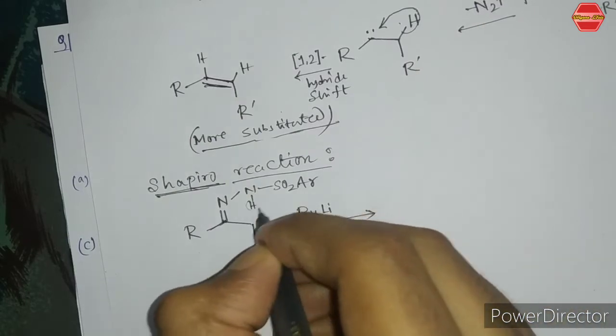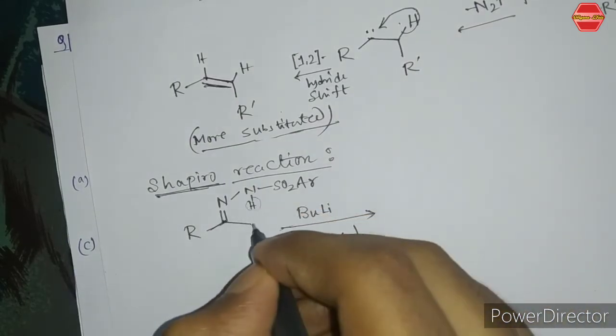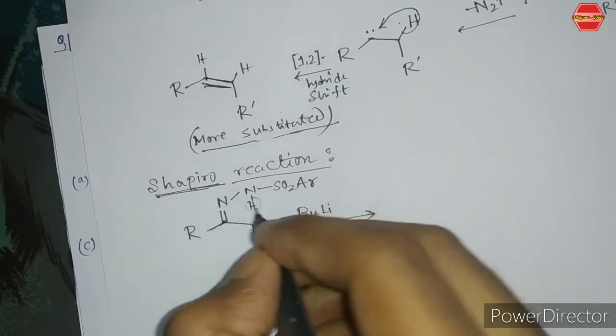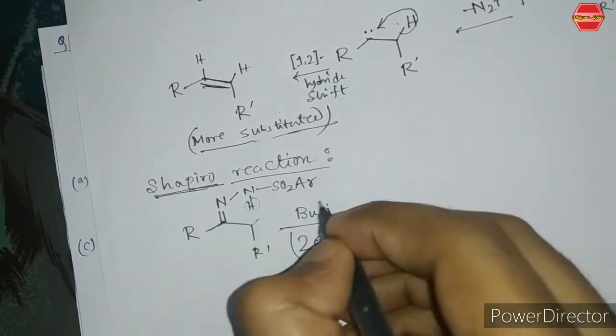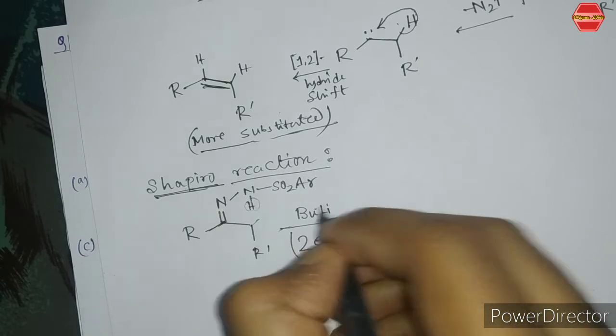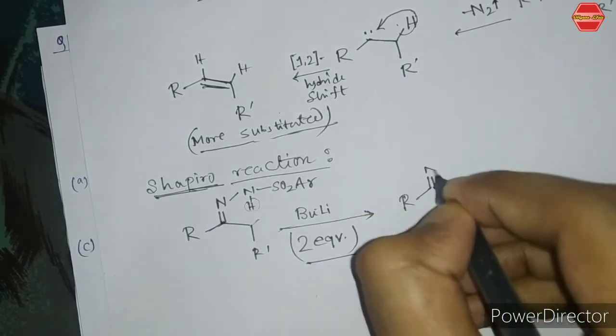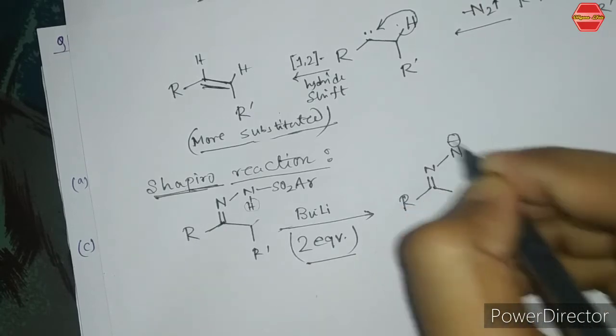because there is one acidic hydrogen, and this hydrogen is also acidic, but it is much more acidic just because it is attached to the nitrogen. First there is abstraction of a proton from the nitrogen side.